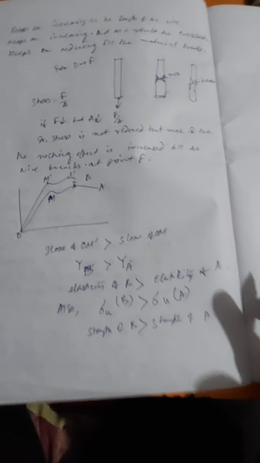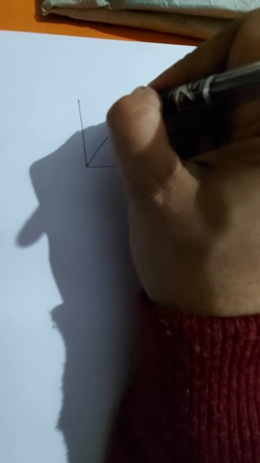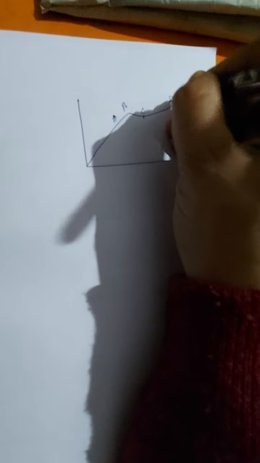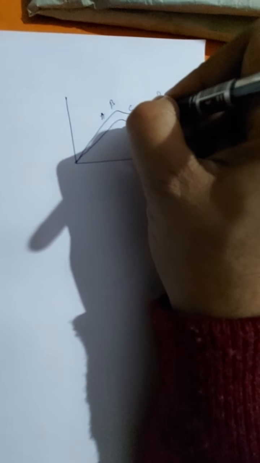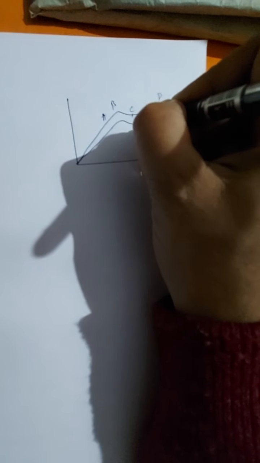Another point: this is another graph. This is point A, point B, point C, point D and point F. Now another graph is given here. What is the difference?